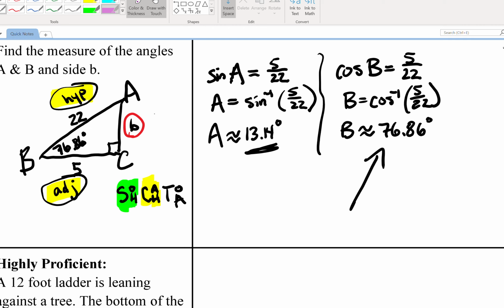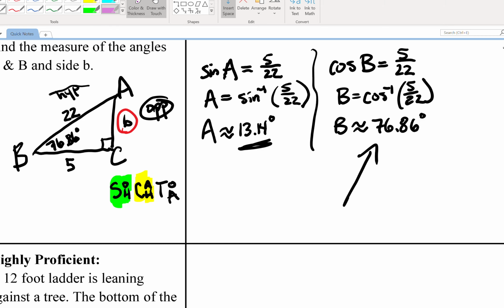And for that, b is the opposite. And the hypotenuse is 22. So I'm going to use those two. I could have used the 5, but I'm choosing to use these two. You've got choices now. So I'm going to use that 22, the hypotenuse. Opposite is b. So I've got O and I've got H. And that would mean I got the sine.